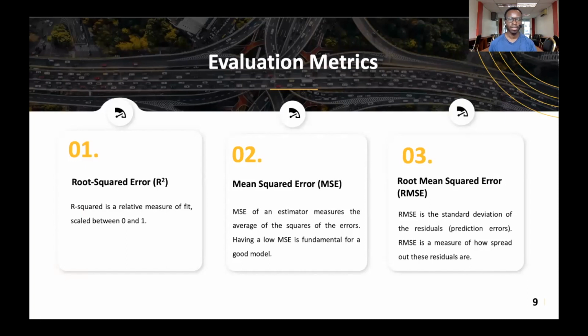Then the second evaluation metric was the mean square error, which looks at the estimator measures, basically just showing that having a low score in MSE leads to a good model, as is the case with the root mean square error. It looks at the standard deviation of residuals. So the lower the RMSE, the better the model is.